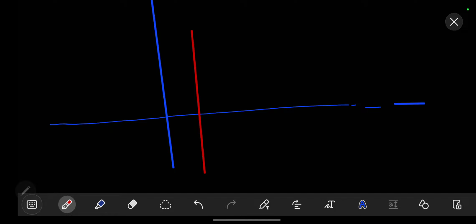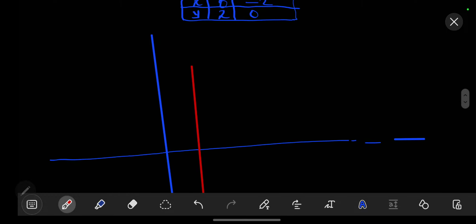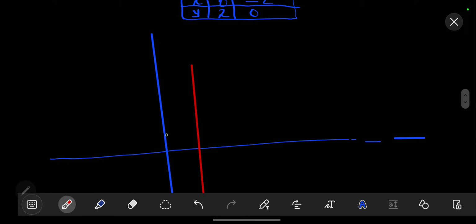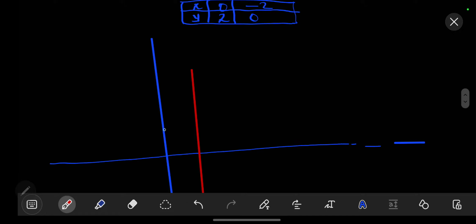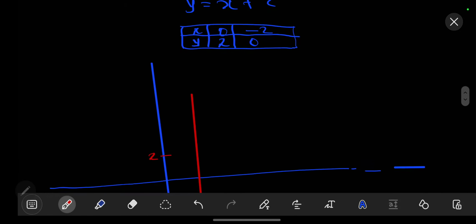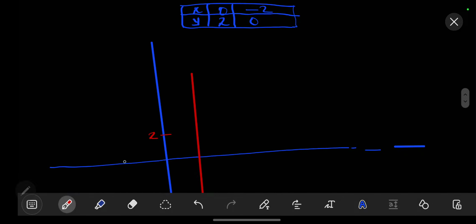Then also the asymptote is saying that to graph that one, we have (0, 2). When x is equal to 0, y is equal to 2, let's say here. Then if y is equal to 0, x is equal to negative 2. Let's say negative 2 is here.